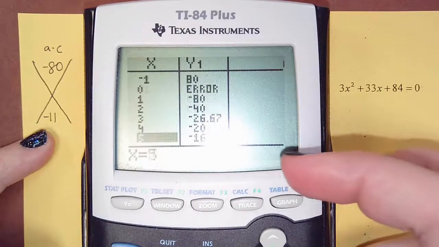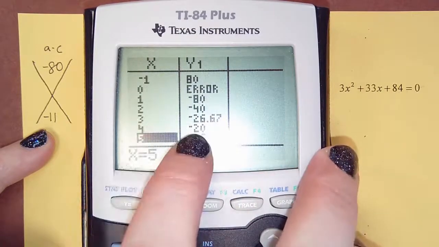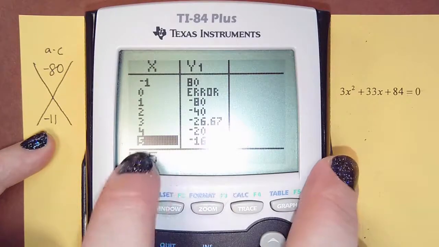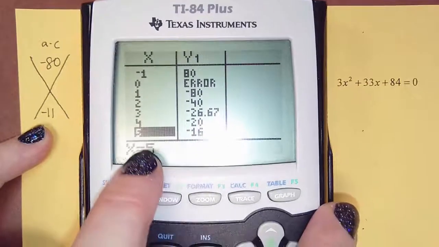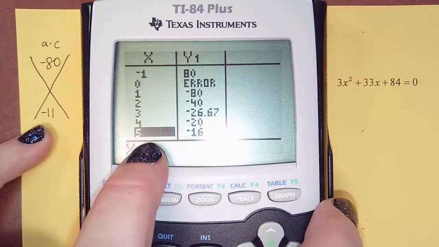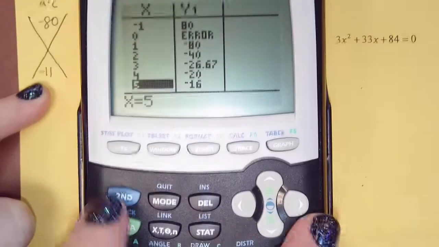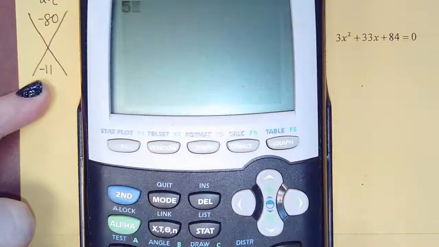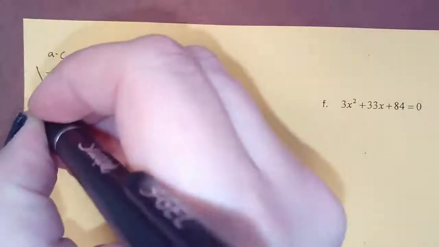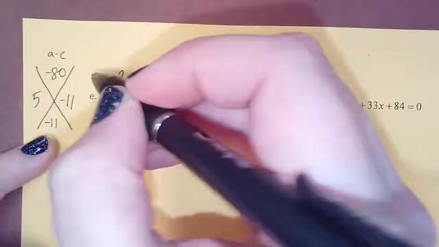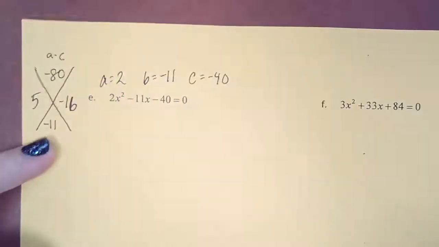So nope. 4 and negative 20, that adds to negative 16. 5 and negative 16, those are the golden numbers. They add to negative 11. And if you're not sure, press second mode. 5 plus negative 16, negative 11. Perfect. So 5 and negative 16 were the numbers.